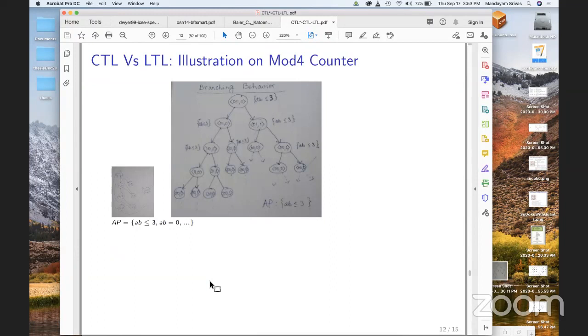But because of this restriction that CTL imposes, that you can't separate them, that you do LTL operations only after you use path quantifiers, it turns out there are LTL formulas that are not representable in CTL. To illustrate that, I'm going to use my favorite mod 4 counter example.